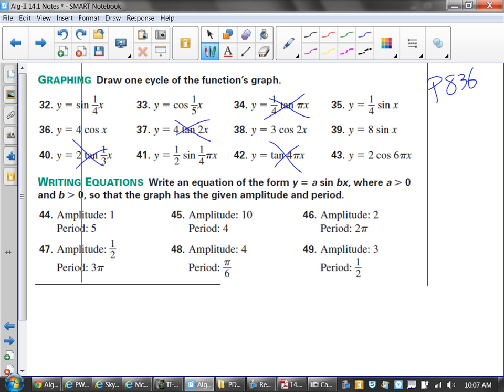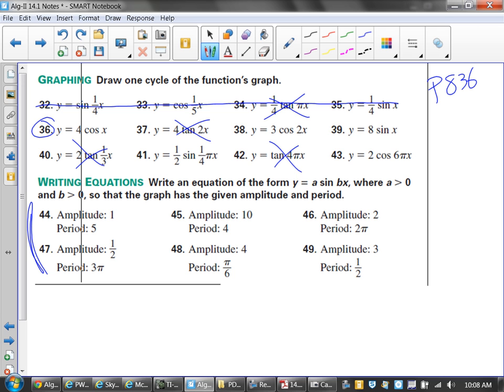All non-tangent. Let's start at 36. So it'll be 36, 38, 39, 41, and 43. We'll graph those. And then 44 through 49.